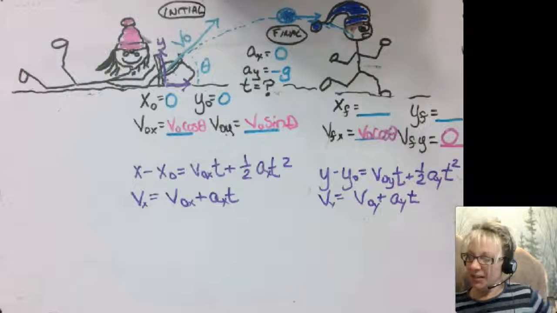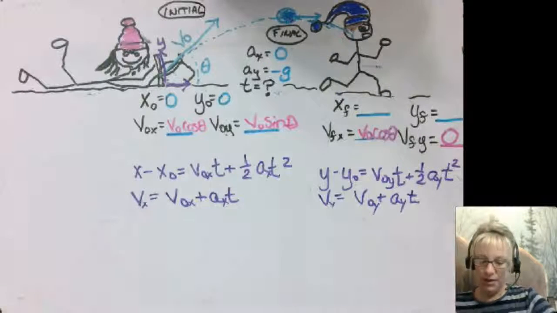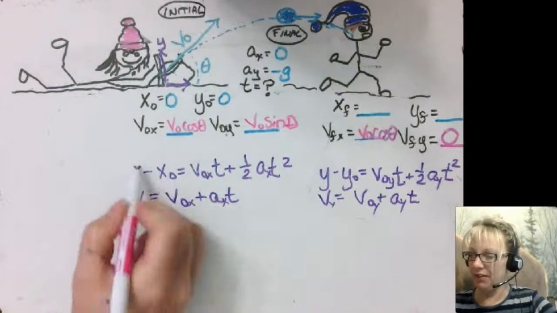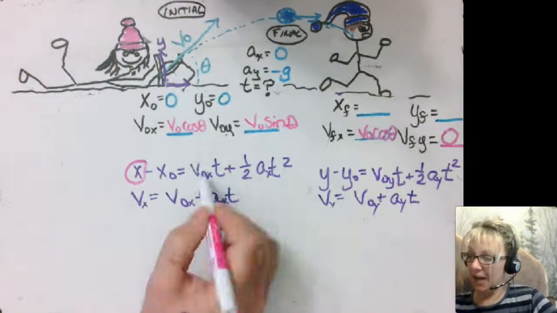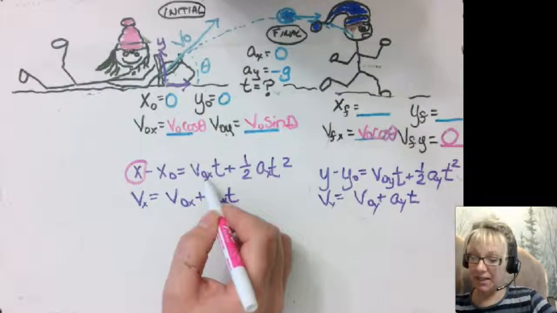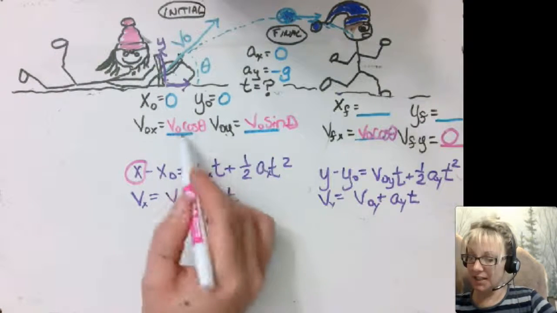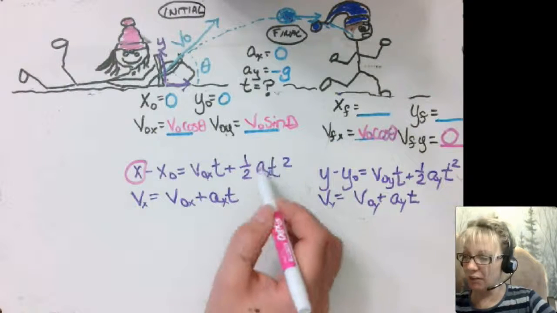Let's see what else we have. We'll start with this equation. I don't know my final x position. I know my initial x position. I know my initial velocity in the x direction, because I can just look up here and find out. I don't know time, but I'm trying to solve for it.